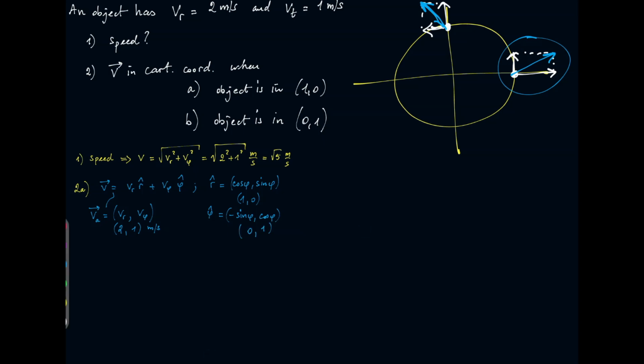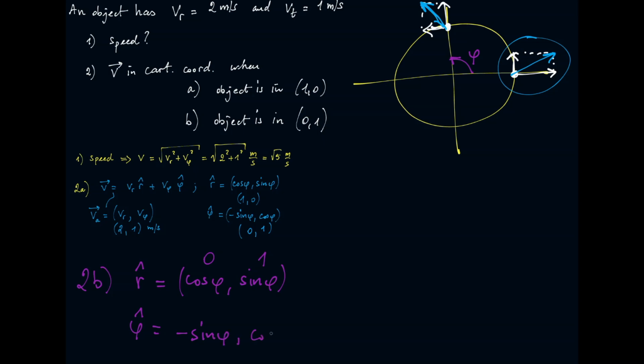For 2b, now the r hat component is cos phi and sine phi, which for phi equal to pi over 2, so cos is 0 and sine is 1. And phi hat is minus sine phi, cos phi, which are none other than minus 1 and 0.